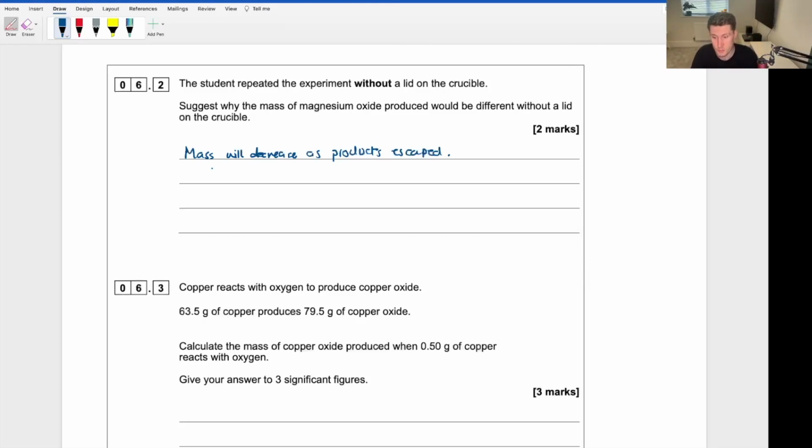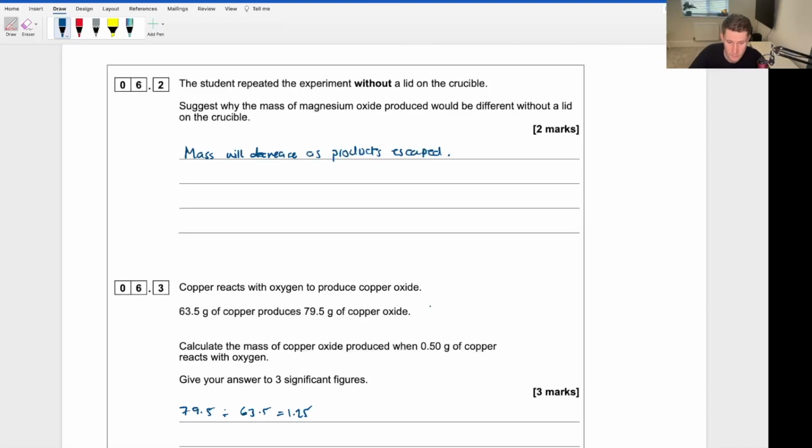What's the ratio between my copper and my copper oxide? So I'm going to do 79.5 divided by 63.5. Okay, so now I know that it's changed by 1.25.